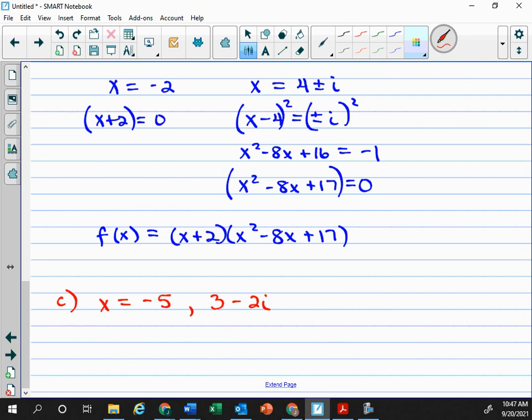Super common mistake on forgetting to square your 2. So let's just look at it.